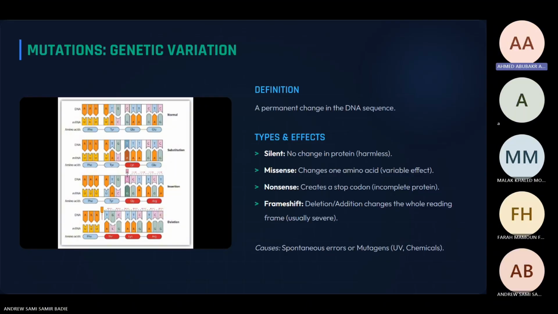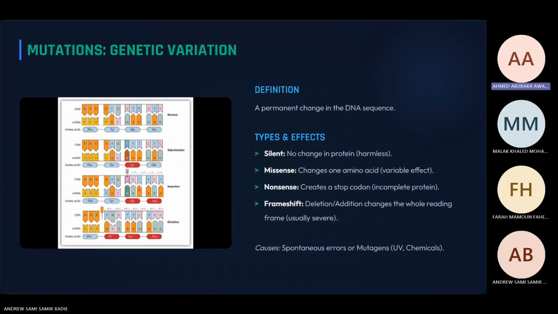There is no change in the protein, so it's totally harmless. A missense mutation is when there is a one-letter change in the nucleotide, but it produces a different protein, but it functions the same way. So this is why we call it missense.